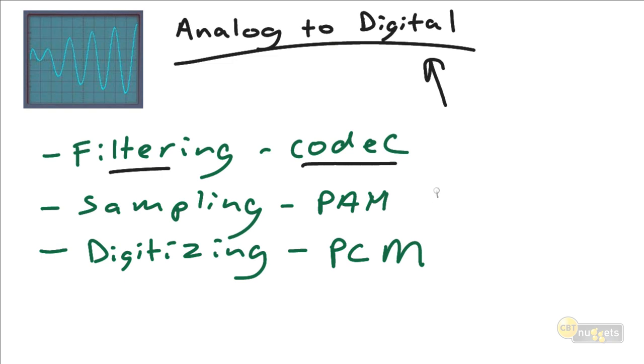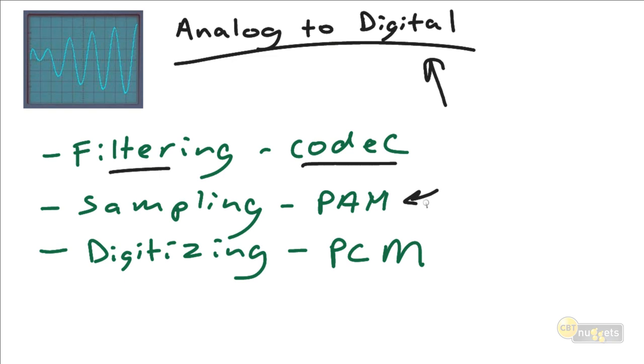Then what has to happen is sampling of this voice traffic. They figured out something called pulse amplitude modulation as a way to sample this filtered audio. They would sample at a rate twice the highest frequency of 4,000 hertz.